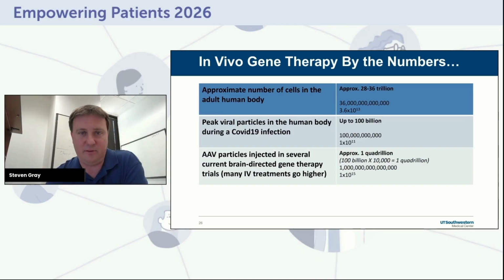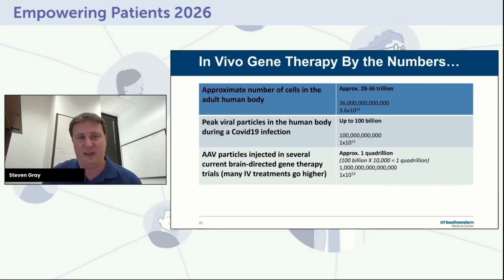And so really quick, if we're talking about safety, just keep in mind, we throw out these numbers in scientific notation, but what these amount to is, you've got around 30 trillion cells in the body, which is more cells than you would have during a peak COVID-19 infection if you weren't immunized. That might be up to 100 billion.